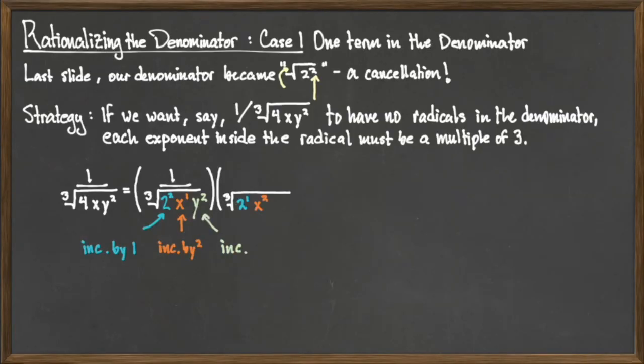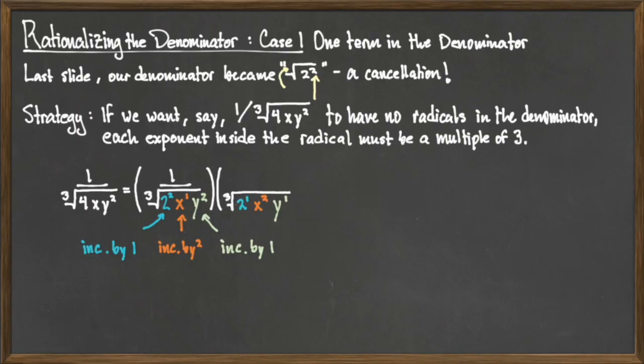If I do that, each thing will have a power of 3. So that's how I'm going to construct my multiplication by 1 here. I'm going to start the construction of our multiplication by 1. The denominator is going to be the cube root of 2 to the first, x squared, and y to the first. So this additional radical is giving me the exact exponent additions that I need so that when this simplifies, everything in that radical downstairs has a power of 3.